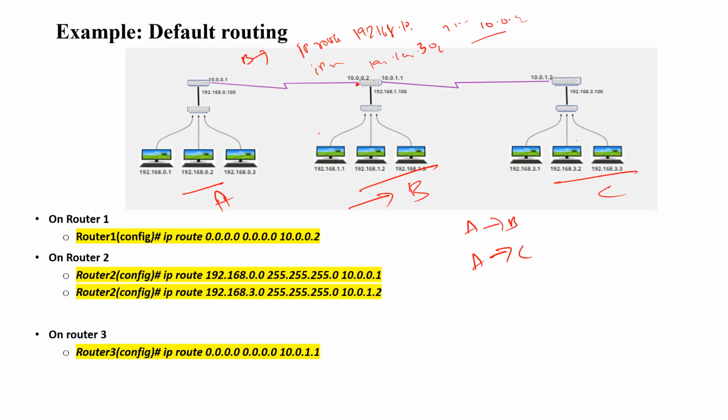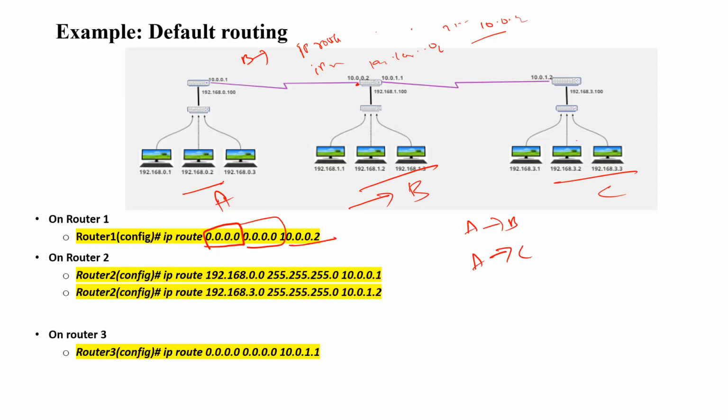So here we know where to reach, what subnets are connected. But if it's connected to many subnets and you're not aware of them, you won't be able to configure, right? So that's why we will go for default. IP route 0.0.0.0, nothing but any subnet, any subnet mask, it has to come to this one.